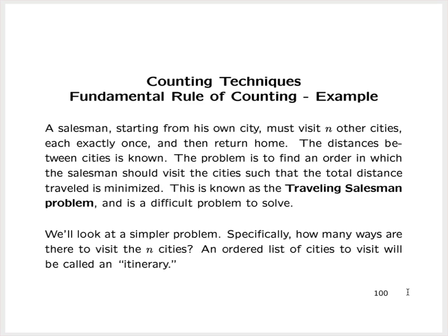Now, in general, this problem is known as the traveling salesman problem, and it's a difficult problem to solve in general. But we're going to look at just a small piece of this problem, specifically, how many ways are there to visit the n different cities? Now, an ordered list of cities to visit will be called an itinerary.